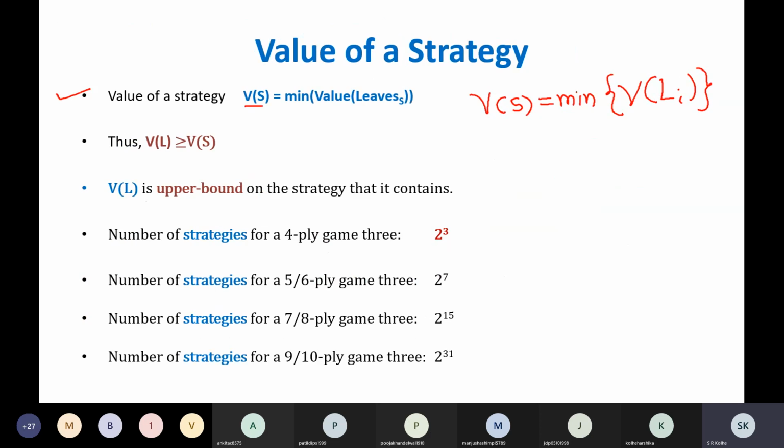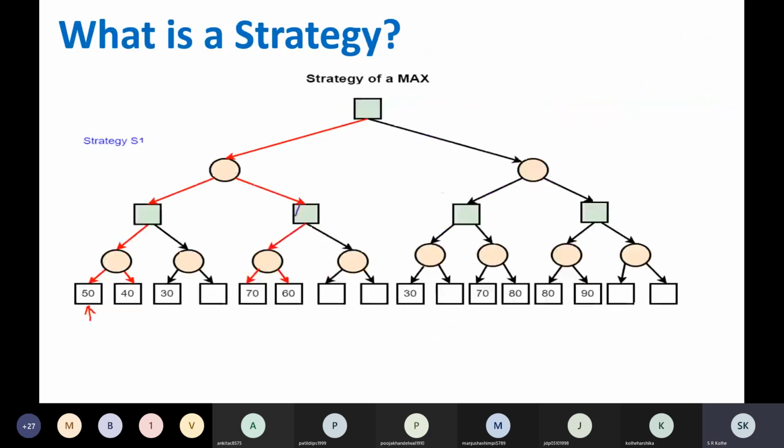Now again come to the value of a strategy. What is the value of a strategy? Value of a strategy is the minimum of the values of the leaves in that strategy. So consider this strategy S1.